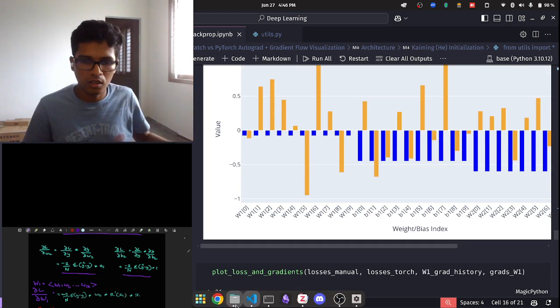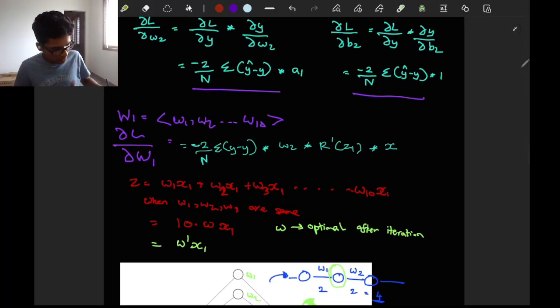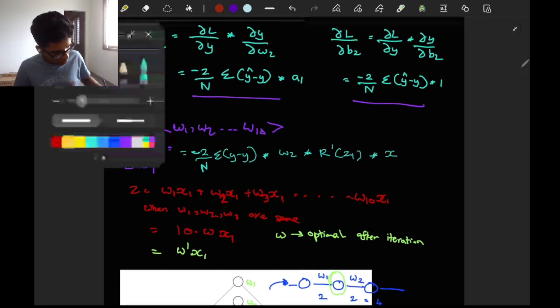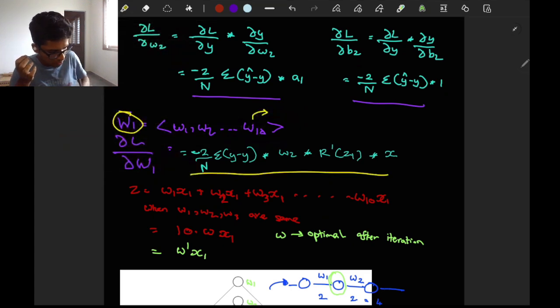Why does it happen? This particular W1 we discussed before is meant for a vector with 10 neurons, as we saw in the program. If we look at the gradient update for it, which we calculated before, it is not proportional to the weight itself. In fact, it's constant for all the individual weights in this vector.